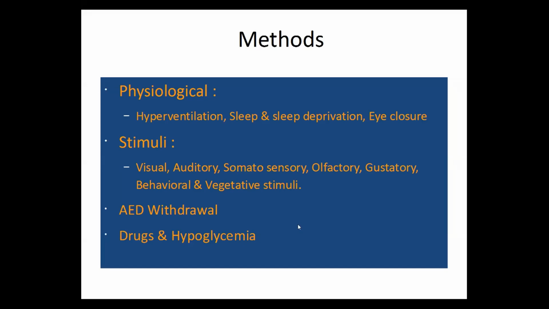That is, they'll have some parietal scar, and the moment the contralateral leg or hand touches some object, they'll have a seizure. That's a somatosensory stimulus. Then some patients can have olfactory, gustatory, behavioral, and vegetative stimuli. All can be part of activation procedures.